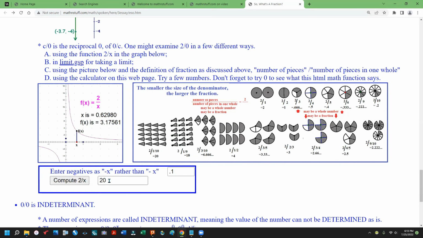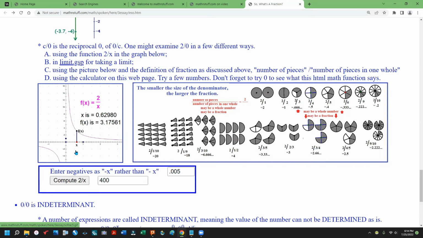We get 20. Let's put in 0.005. That's close to 0. Think about where that is. Should be something really big. 400. And we're not even at 0.